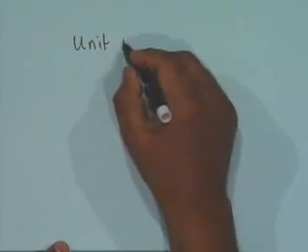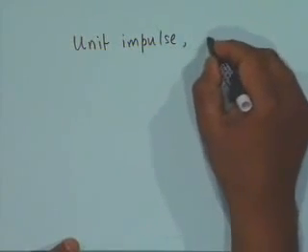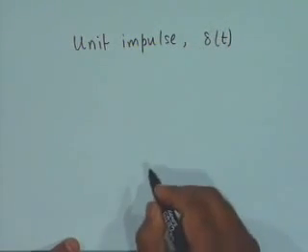For engineers, anything that works is good enough, and if we set a value for u of t at t equal to 0 and it is adequate for the particular purpose, engineers accept it, mathematicians do not. The reason I mention this difference between engineers and mathematicians would be clear when you define the next elementary continuous time signal, which is called the unit impulse, and it is denoted by delta t.